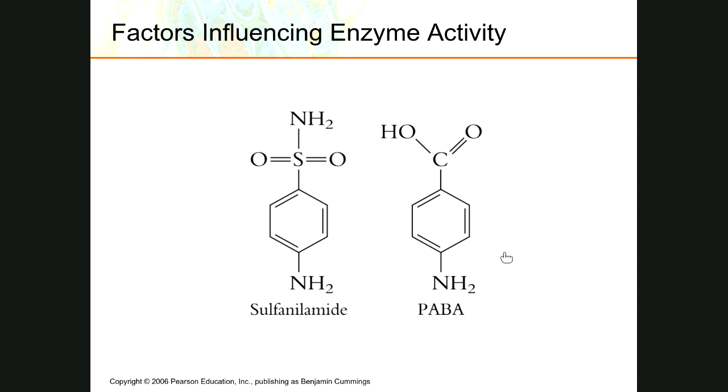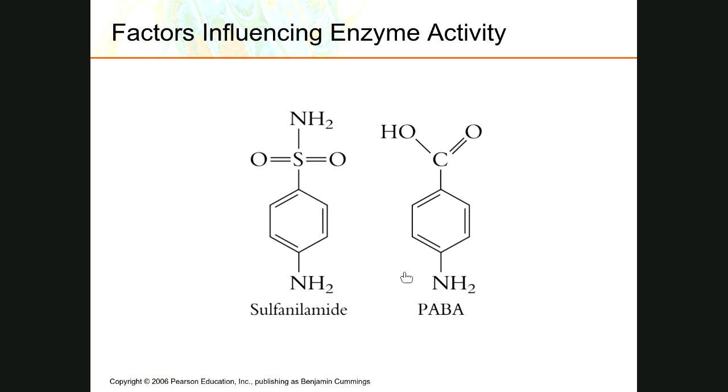They use the words ortho, meta, and para, for each position. So PABA stands for para-aminobenzoic acid. That's what you have to look forward to if you're going to take organic chemistry.